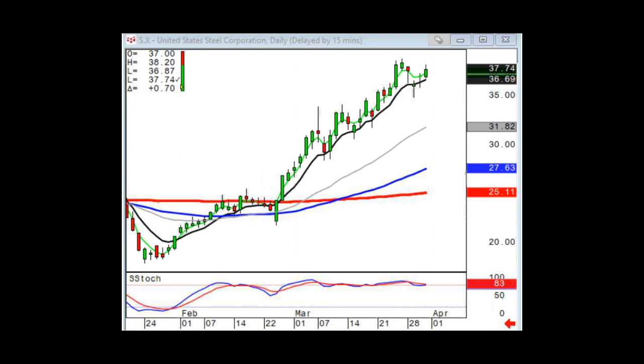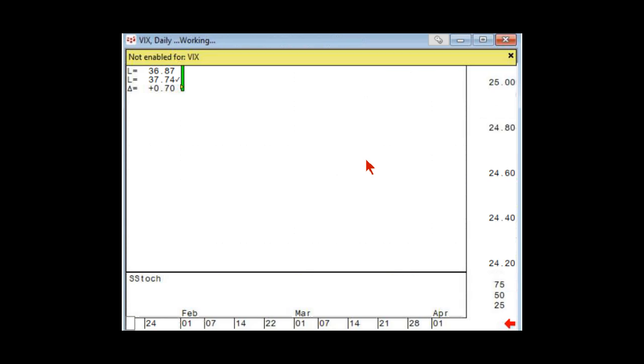Remember, the charts don't lie. They are the accumulative buying and selling decisions, not projection, not prognoses. They are the actual decisions of what everybody is doing.